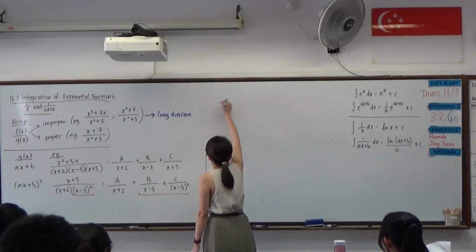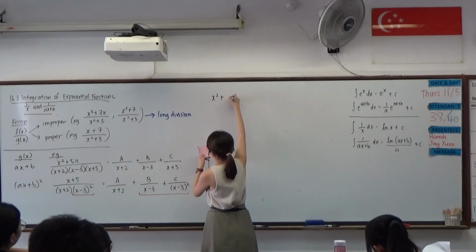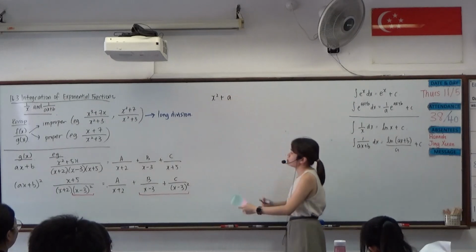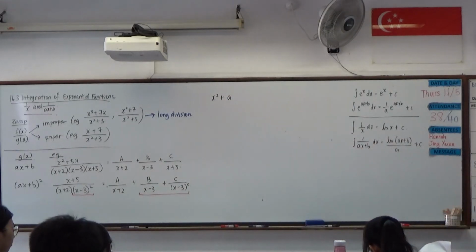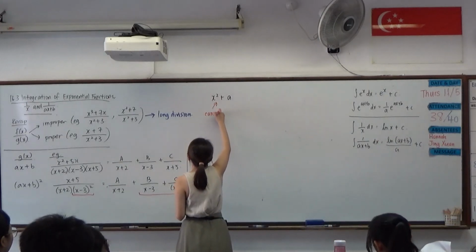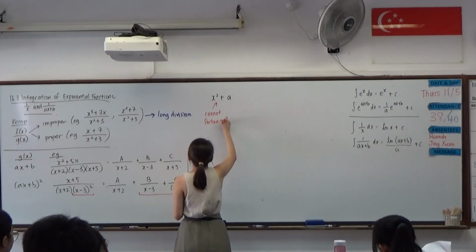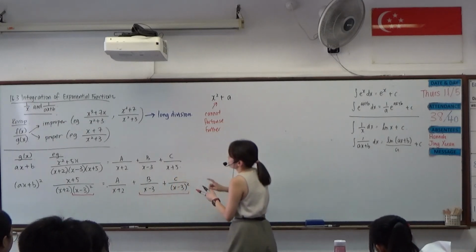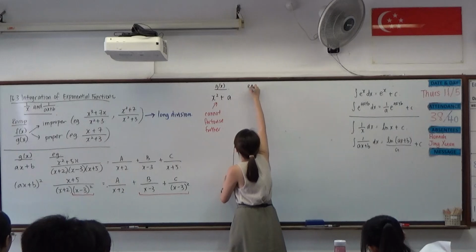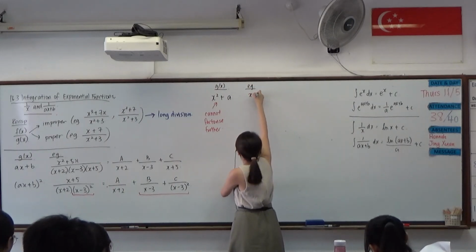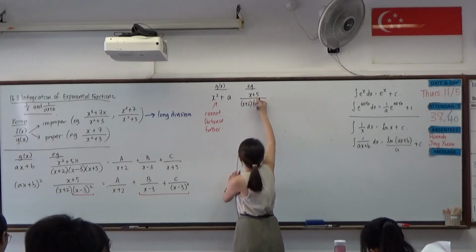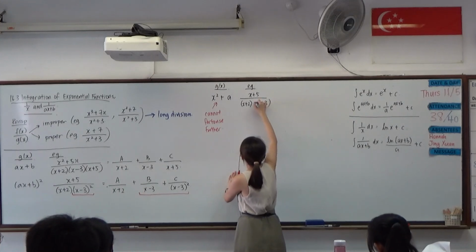And then, what if I have x squared plus a, a being just a number? So x squared plus a cannot factorize any further. For example, we have x plus 5 over x plus 2 times x squared plus 3.